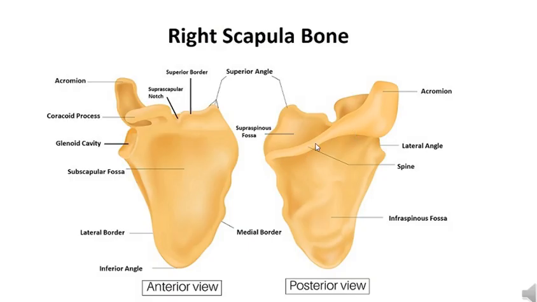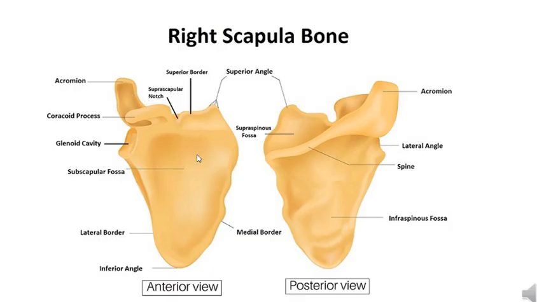Now if I track the posterior border of the spine, it is going to arch out like a process called the acromion process. So that's the acromion process seen along the spine of the scapula posteriorly. If you look from the anterior view, you can see the acromion process pointing forwards from behind. Okay, so that's it.